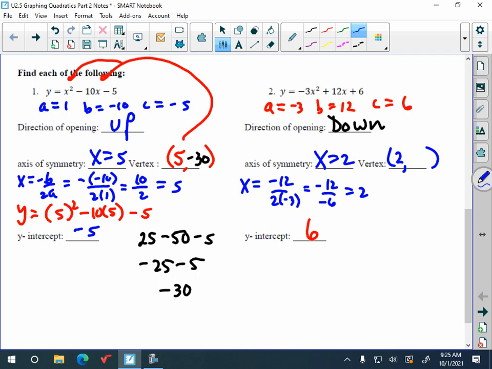All right, now we'll just take 2 and plug it in for both x's and use order of operations to simplify it. So y equals -3 times 2 squared plus 12 times 2 plus 6.